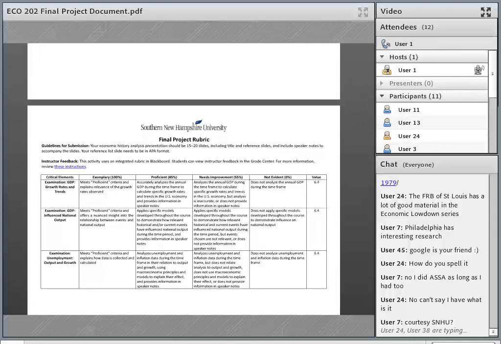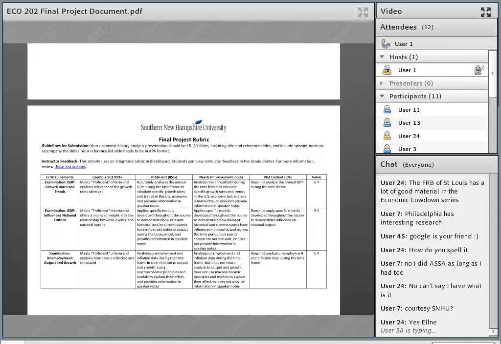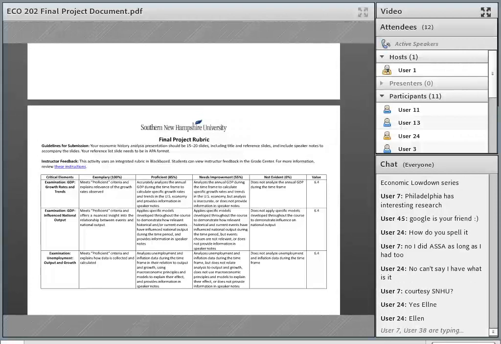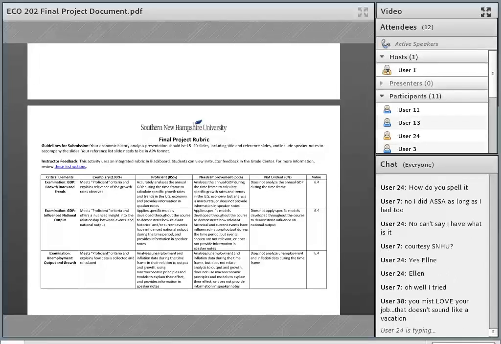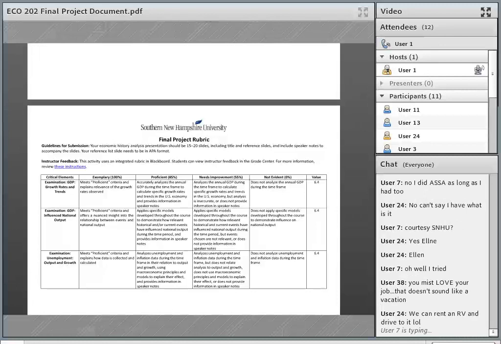I think it's put on by AEA along with the Fed, I want to say, or along with the Journal of Economic Education or something. Well, probably not courtesy of SNU. Yeah. I wish. But yeah, I learn a lot about a lot of these great tools to share with students at these conferences. So yeah, I'm glad to come back and share it with you all.